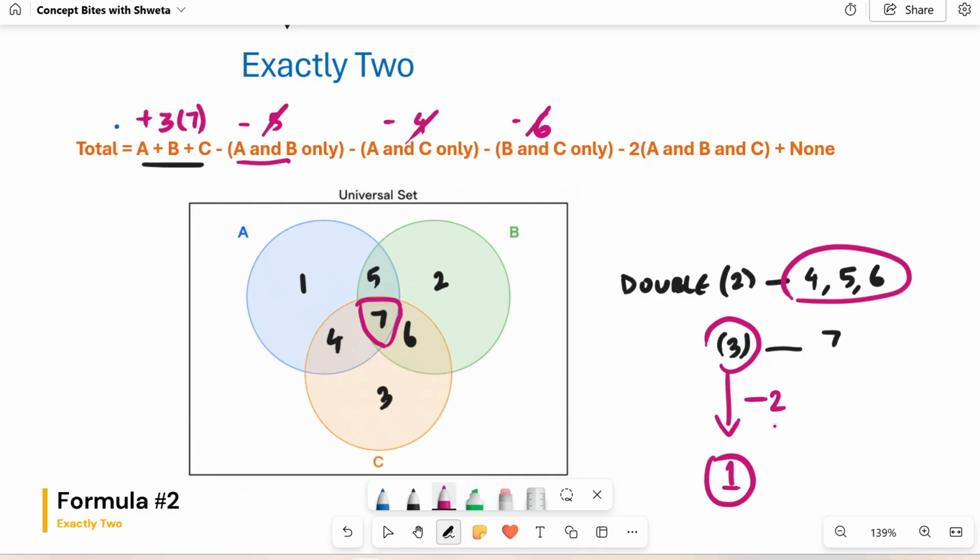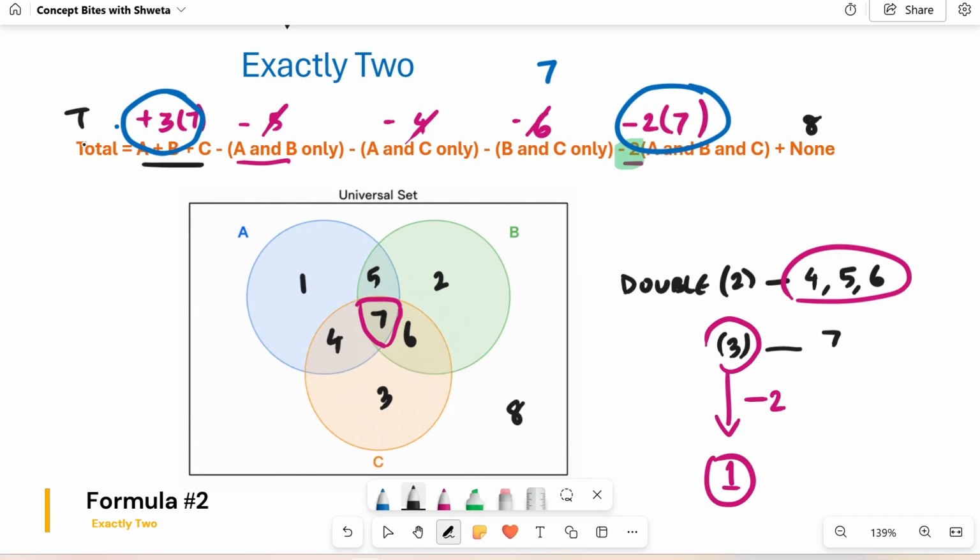I will have to subtract this region 2 times. And that's why in the formula here you see 2 times do you subtract region 7. So think about it overall. 3 times you had it, 2 times it went away, you will be left with region 7 also just once. So it does account for every element, finally adding none to get the total overall.